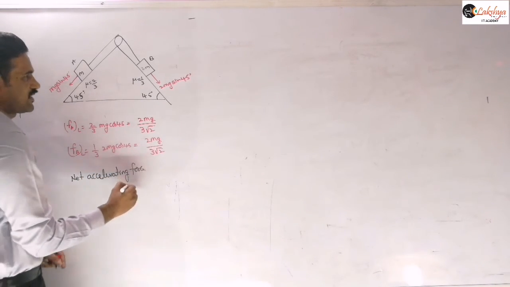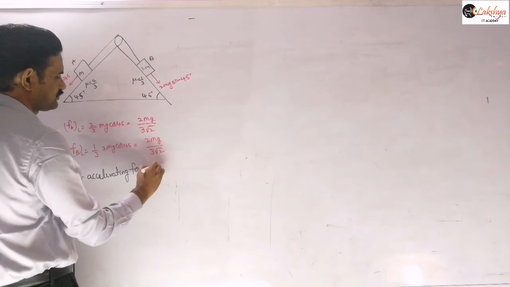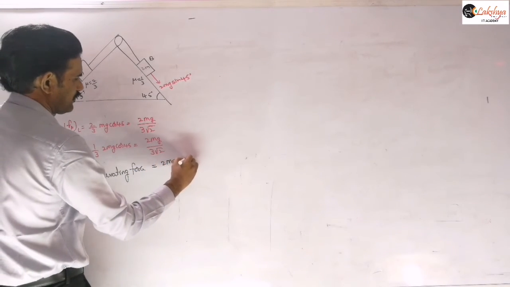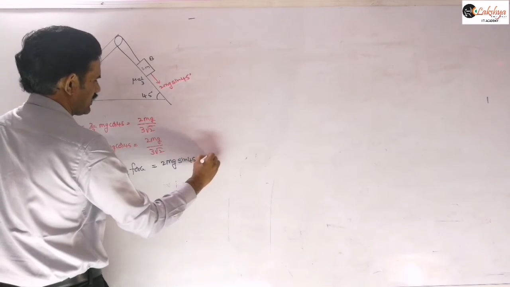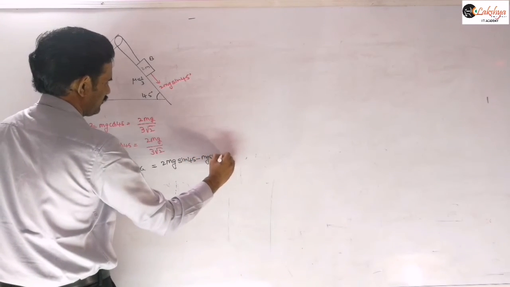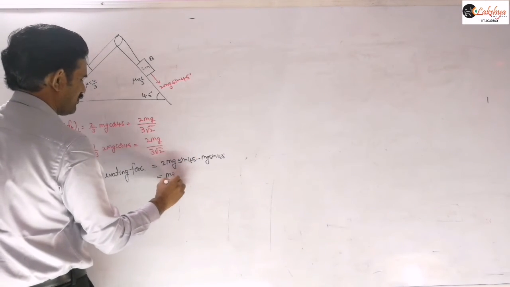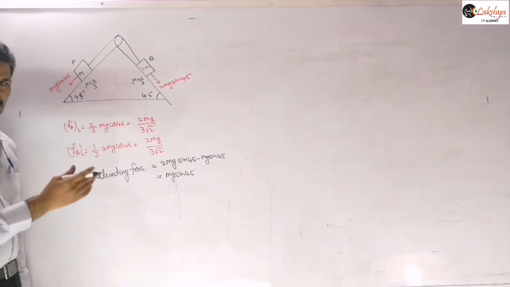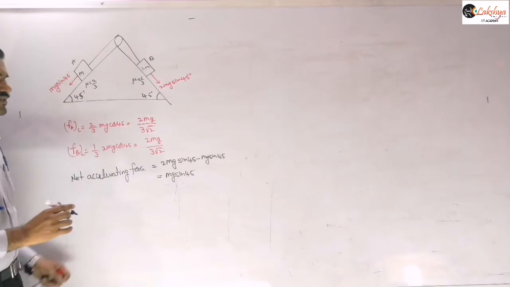Net accelerating force is 2mg sin 45 minus mg sin 45, which is equal to mg sin 45. That will be the net accelerating force for this entire system.